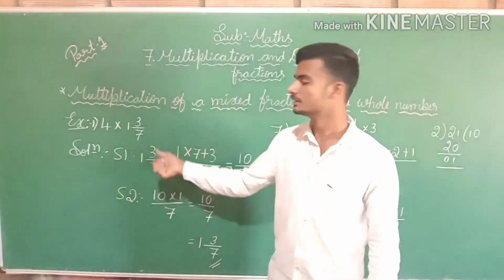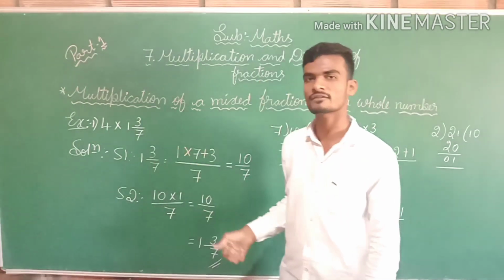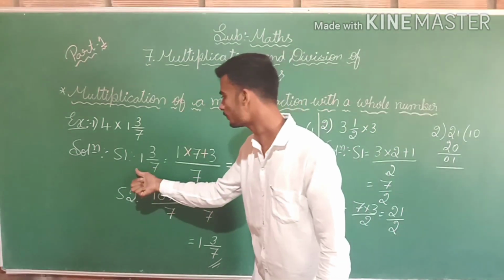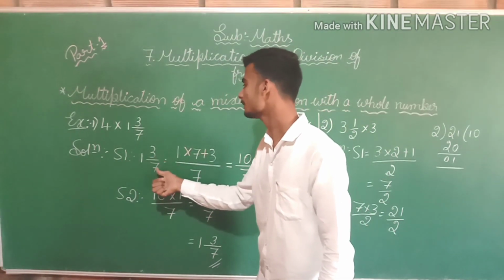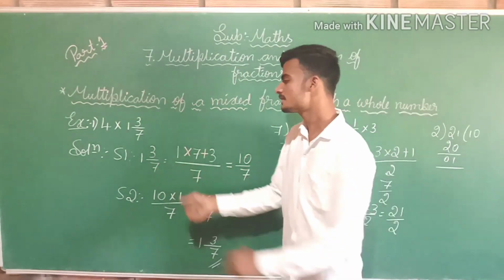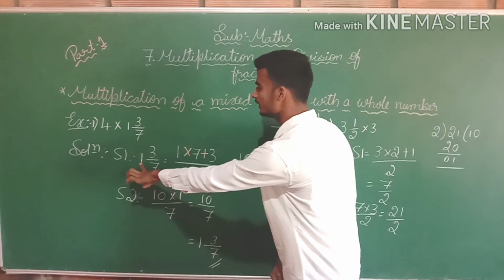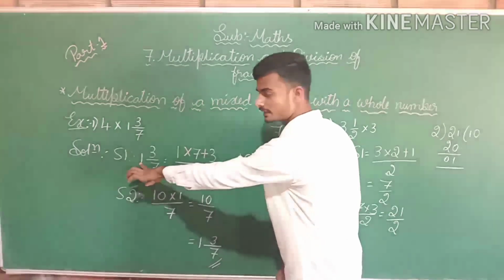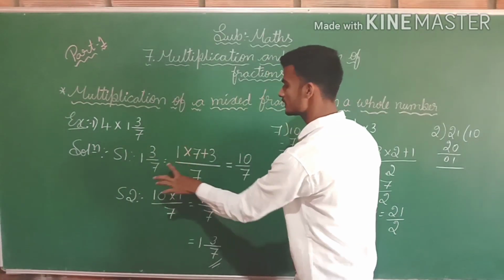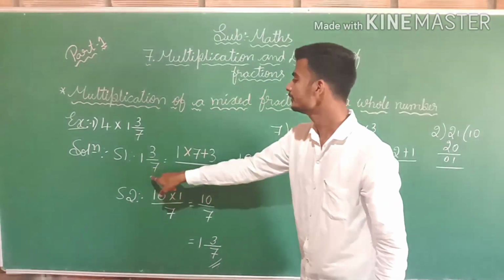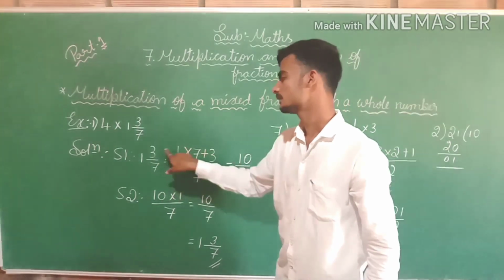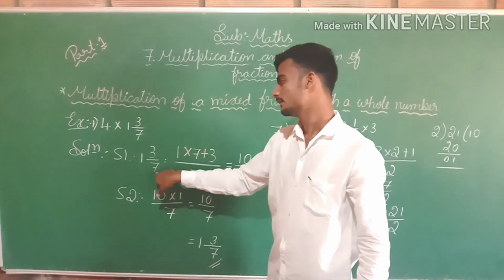How to convert it? See here in step 1, I have written 1 whole 3 by 7. First you have to multiply with the integer part, that is 1 into 7. Then 1 into 7 plus 3, divided by 7 itself.